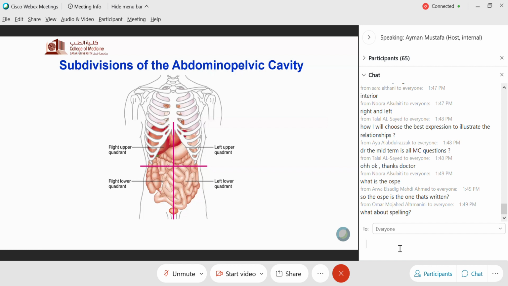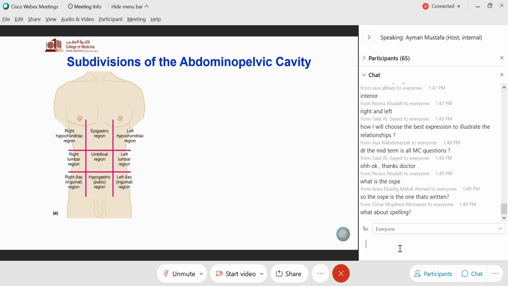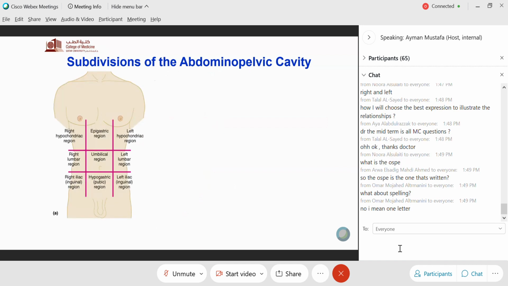If the spelling is too poor to read the word, that's going to be a problem. Again, with the nine regions, if I bring you a chart without names and put an X here, you should know that X is the right hypochondriac region. Or here, you should know that this is the left iliac region, etc.